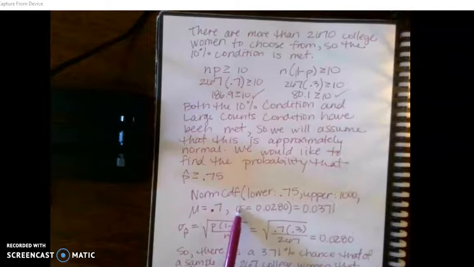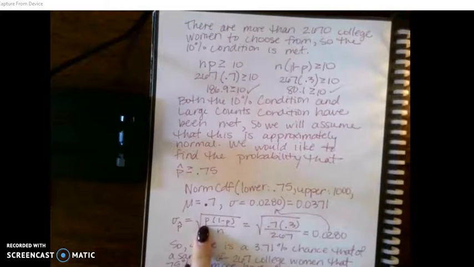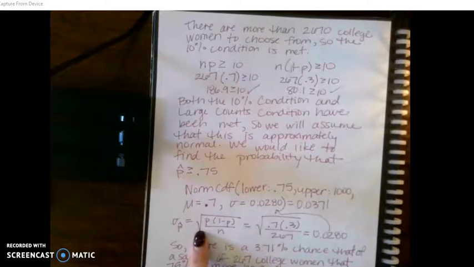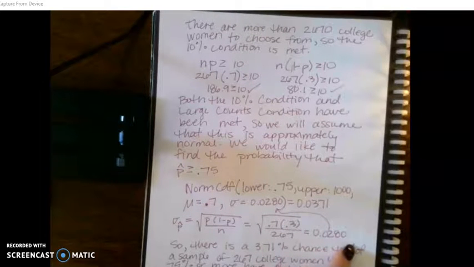Now to find sigma, our standard deviation, we're going to use this formula. We have our proportion times 1 minus the proportion divided by the sample size, and take the square root of it. So we get 0.7 times 0.3 divided by 267, take the square root. We get 0.0280.